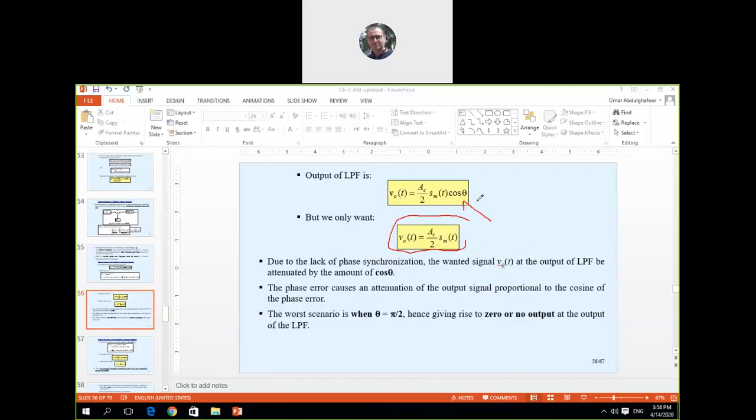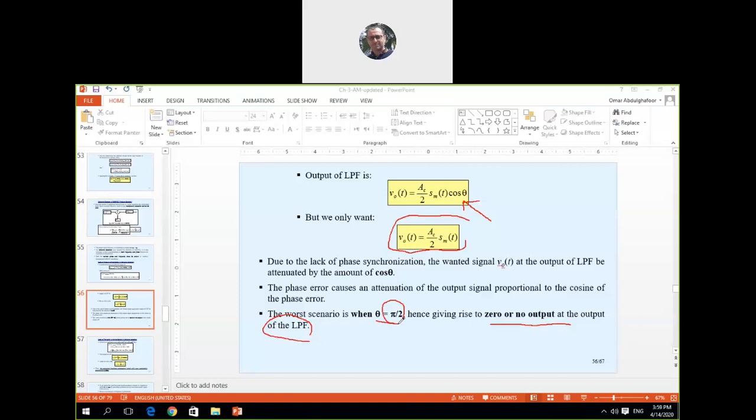What's the worst case scenario of this one? If we have theta equal to pi over 2, that gives rise to 0, no output at the receiver. So this is actually the problem of using coherent detection.